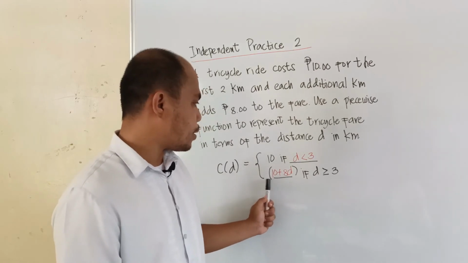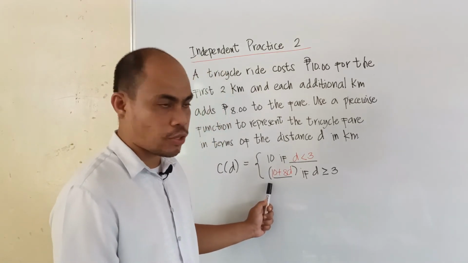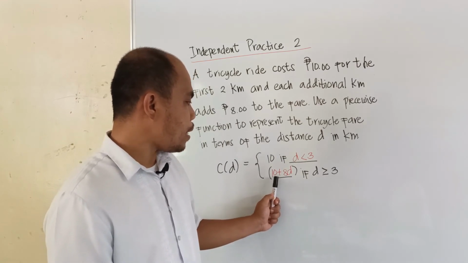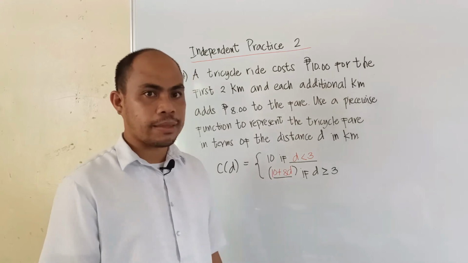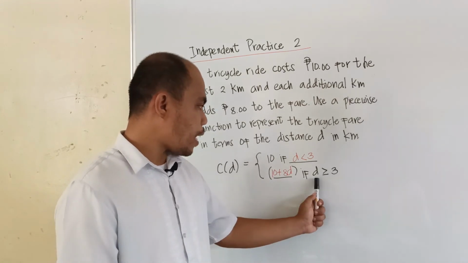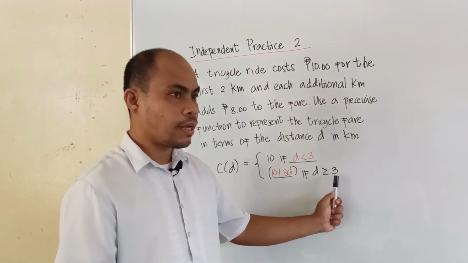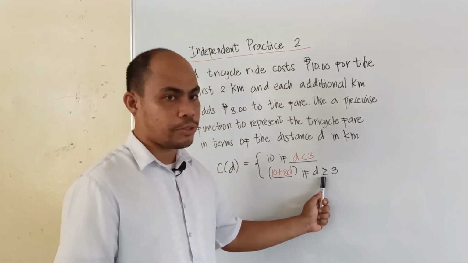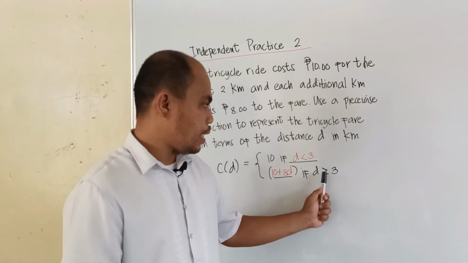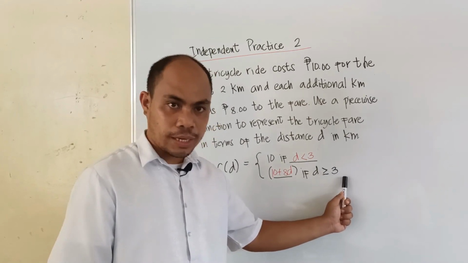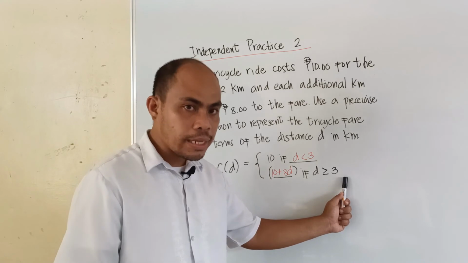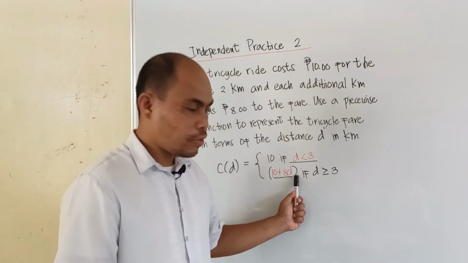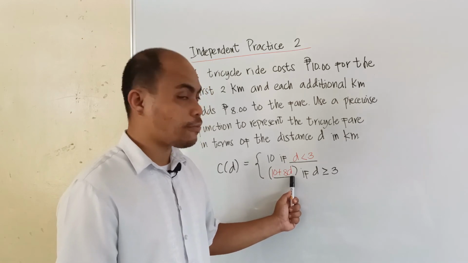So if the distance is less than 3, you pay 10 pesos. But in the second part of our piecewise function, we have 10 plus 8d. Why? When the distance reaches 3 kilometers, or D is greater than or equal to 3, we add 8 pesos per kilometer, where D stands for kilometers.